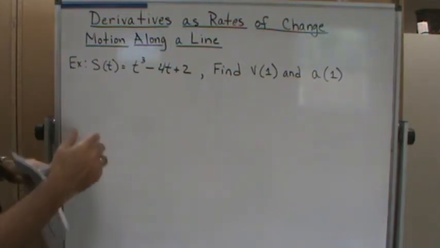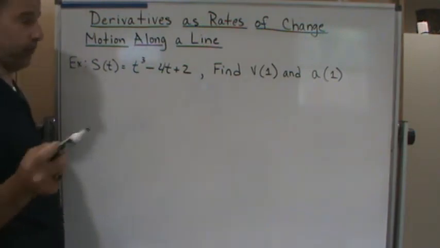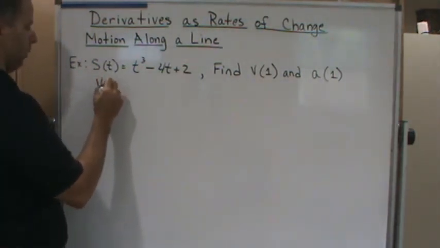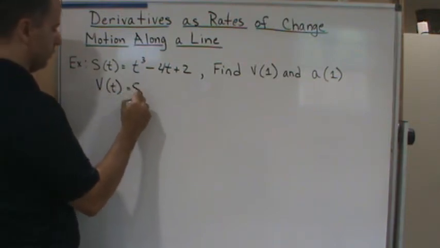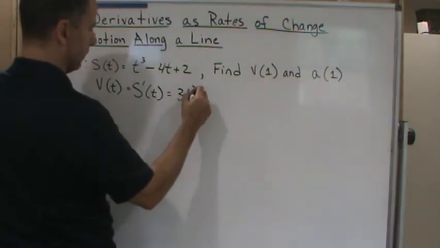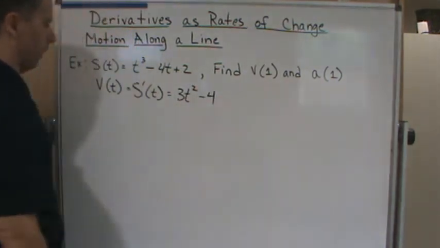Okay, so let's do this. Let's find v of 1 and a of 1 first. So let's find the velocity. So we're going to take the first derivative. So v of t equals s prime of t, which is going to equal 3t squared minus 4.